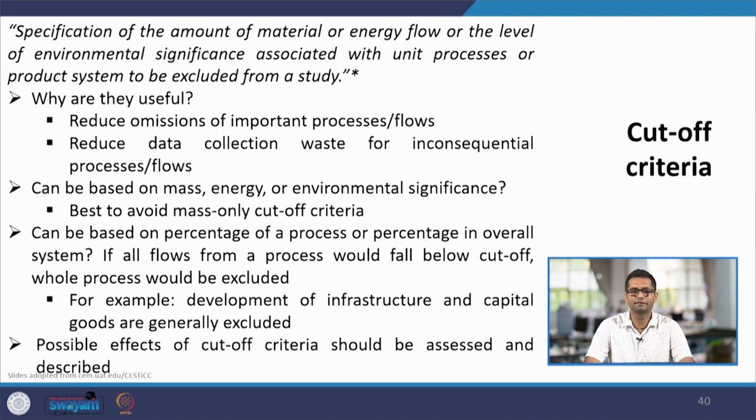Take for example, as we have discussed in the earlier classes, the HFCs that came in to replace the CFCs had a very high global warming potential, almost of the order of 10,000 times that of CO2. So, if 1 kg of HFC was released into the atmosphere, that would be equal to 10,000 kgs of CO2 released. So, if we have a chemical which could have a very high potential for a particular impact, that might cause serious harm if we have neglected that, and that is the reason why the emphasis should always be given to the cutoff being decided by the environmental significance of a particular emission.